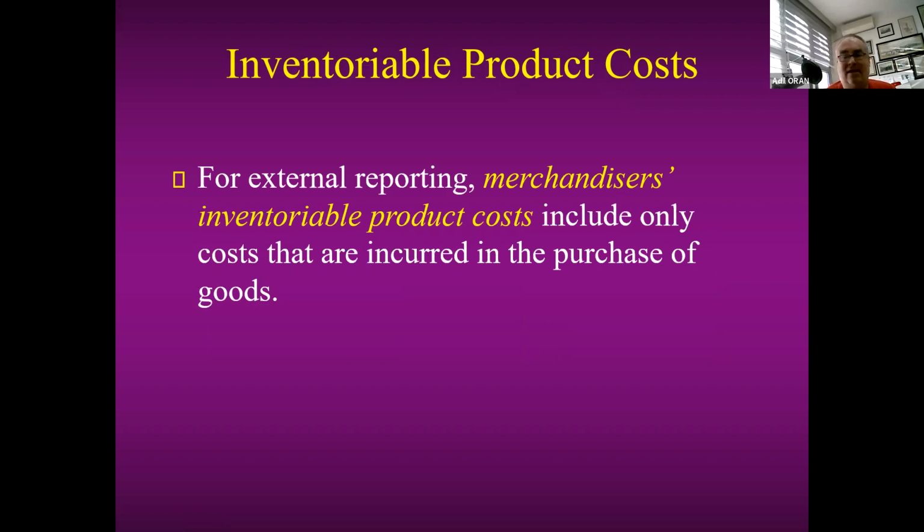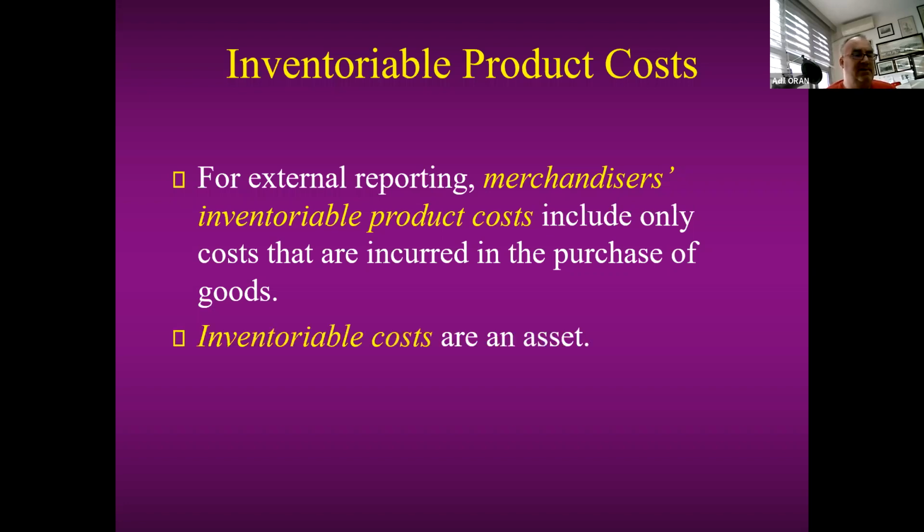They don't flow through the balance sheet, and typically they're part of your operating expenses. Okay, for external reporting, merchandisers' inventoriable product costs include only the costs that are incurred in the purchase of goods, right? For a merchandiser, how much did you pay to buy it? And in financial accounting, you may have also said the cost to get it to you and insurance and stuff like that may also be included. Yes.